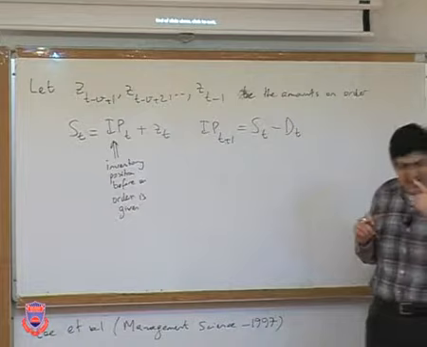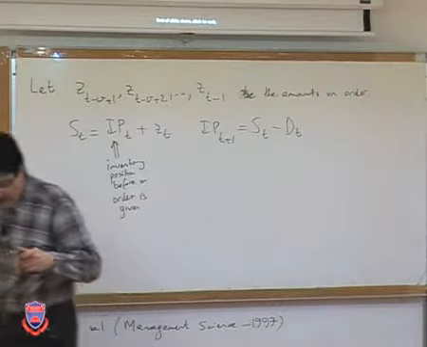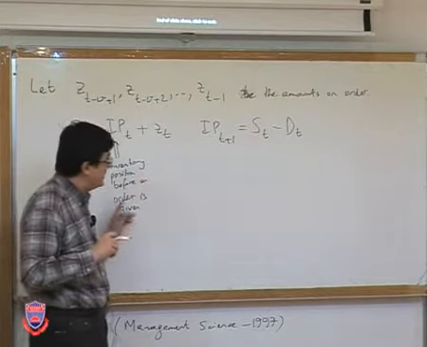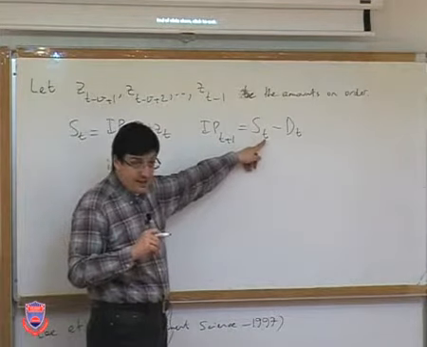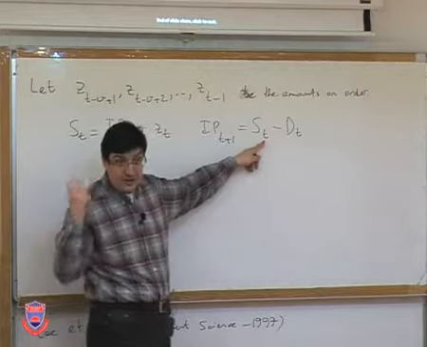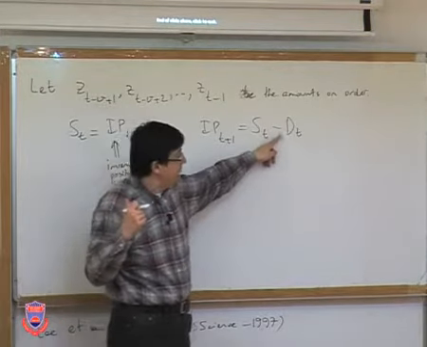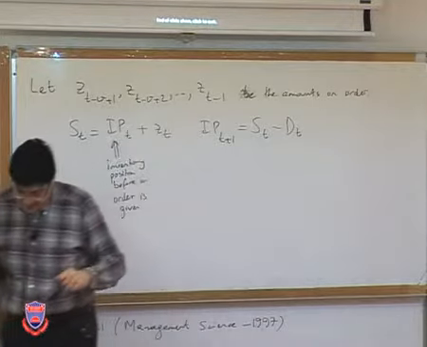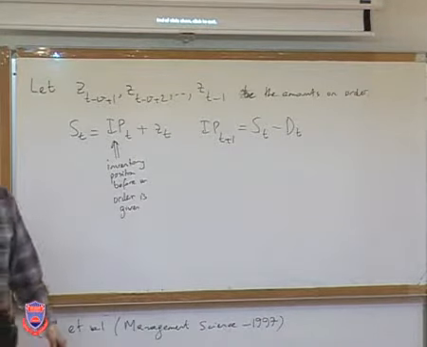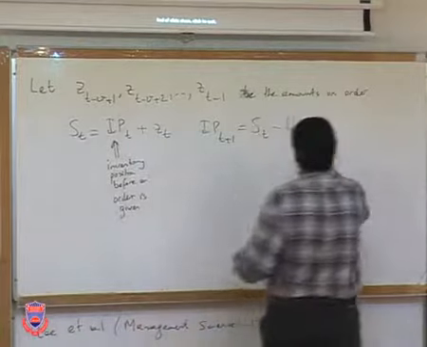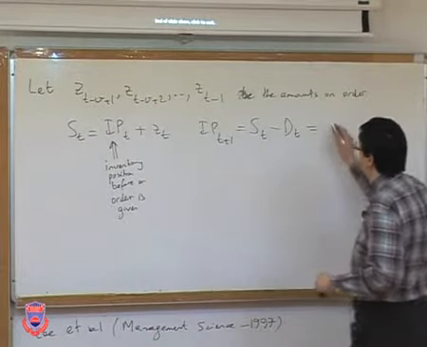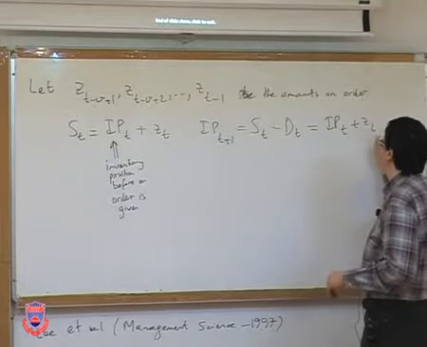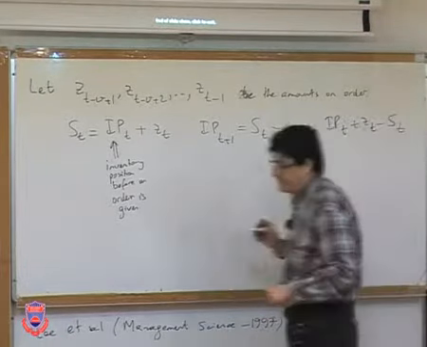Okay, I'm simply using the definitions. So the inventory position at time t plus 1 before I give the order is going to be ST, the order up to level that I used in period t, minus the demand which occurred during that period. Okay. So from here, if I substitute the ST value here, this is going to be IPT plus ZT minus ST.